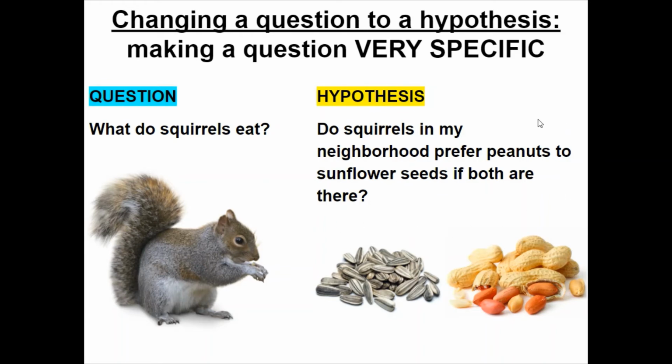So you can see that this is a really focused idea and is very narrow, and it just deals with the experiment that you are actually doing. It's not everything about what do squirrels eat. It's just saying, of the things that squirrels eat, do they like this one better or this one better if I offer them in a certain way?